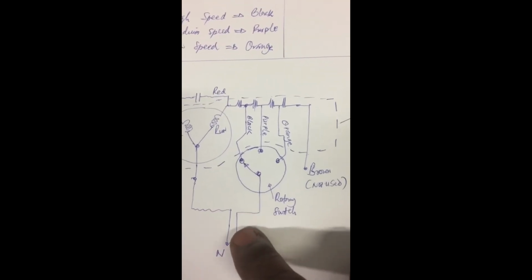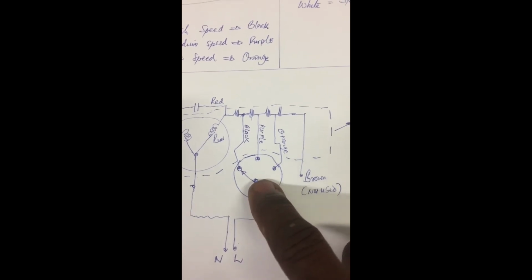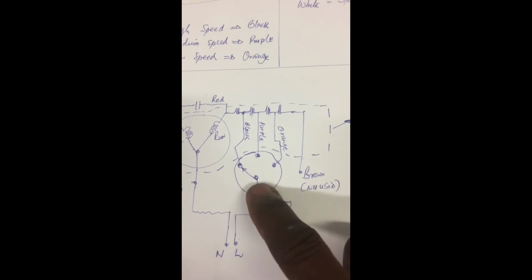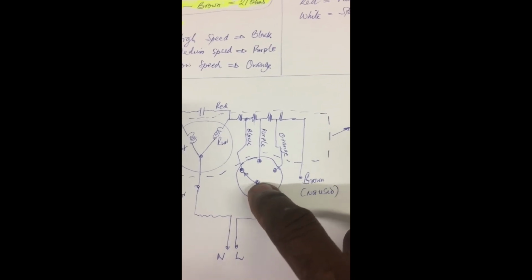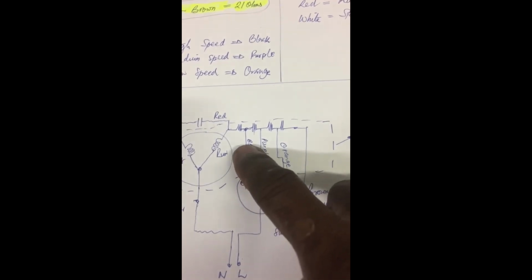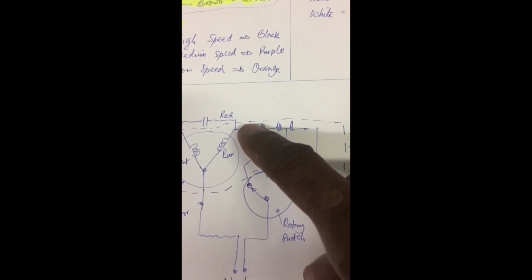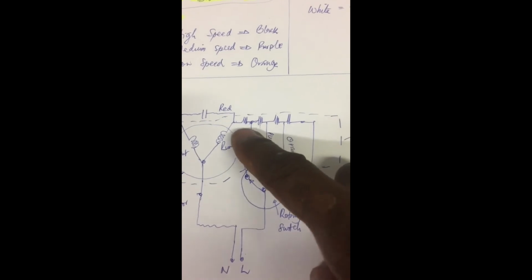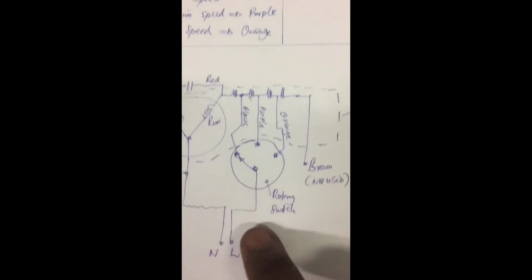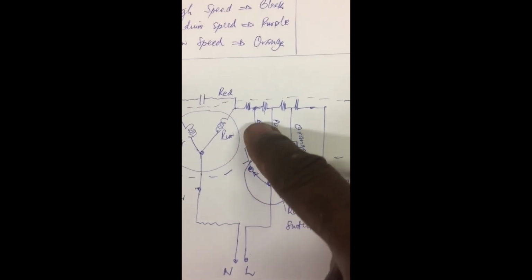The line current comes here on one terminal, on a normally open terminal of the rotary switch, and once the switch is closed to any of the 3 terminals, the current travels this way into the motor. So that is why you see black with current coming in from here in this direction.